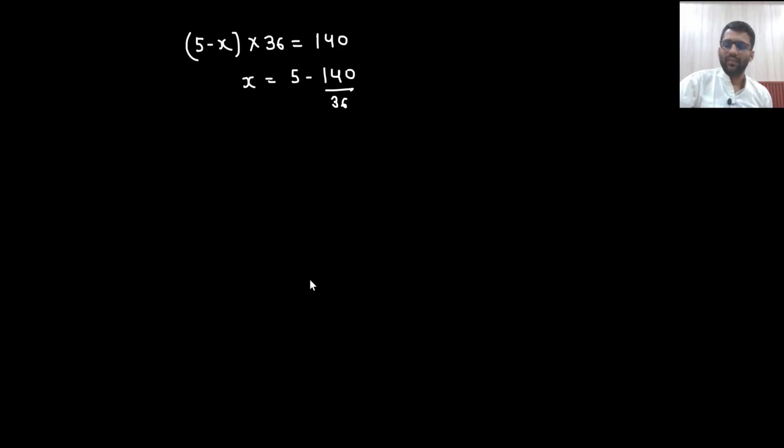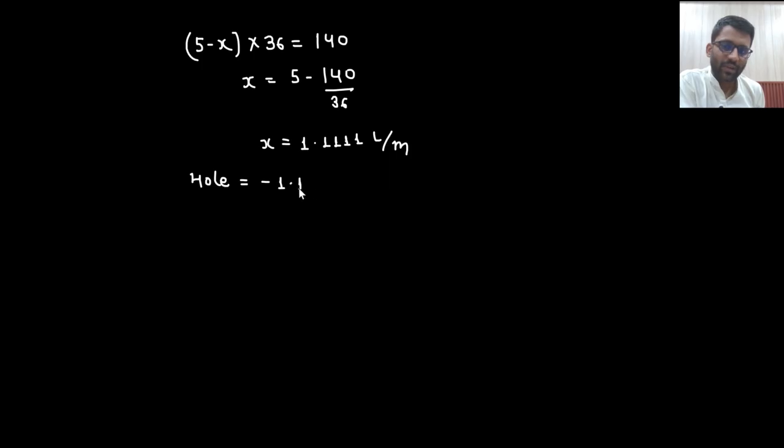So we can find it. Better we should do this calculation with the calculator only. With the GATE calculator we will do. So x we are getting 1.111111. So x is 1.11 liter per minute. So the hole was taking 1.1111 liter per minute.